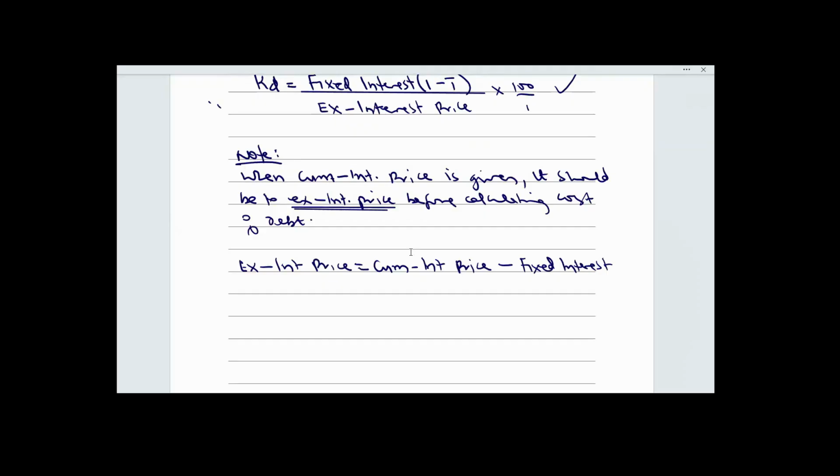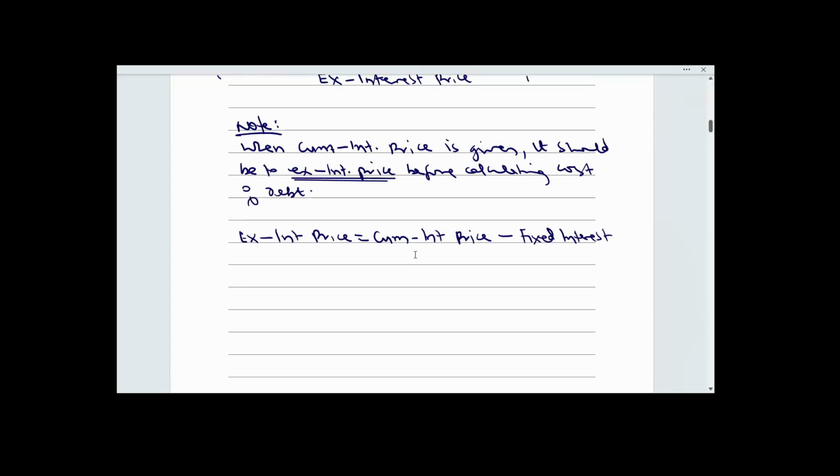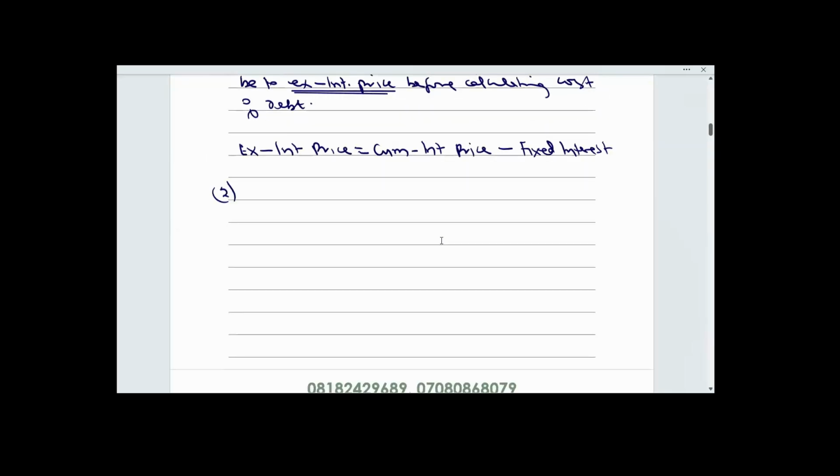One thing you need to also understand is that debt is usually quoted at 100 naira per unit, except the examiner says otherwise.